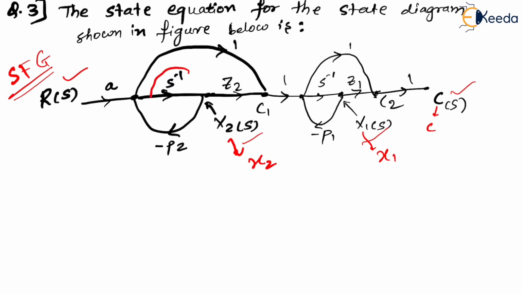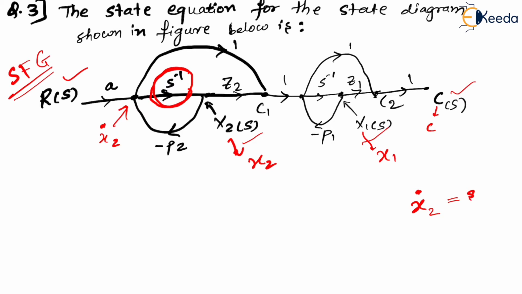Now this S inverse, what does this mean? S inverse means that here I am definitely having X2 dot. In order to make you understand this concept, let me tell you. If for example you have X2 dot and you apply the Laplace transform, what will happen?